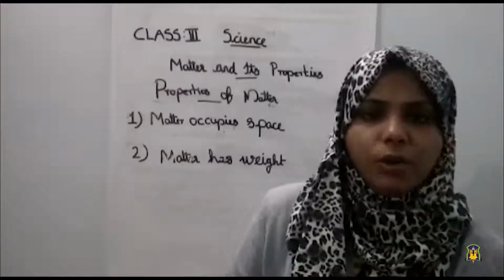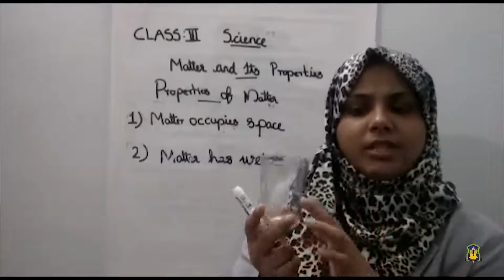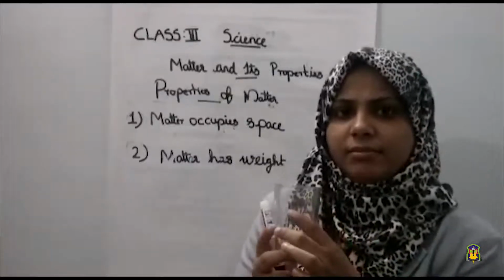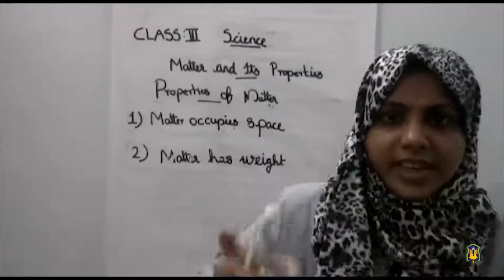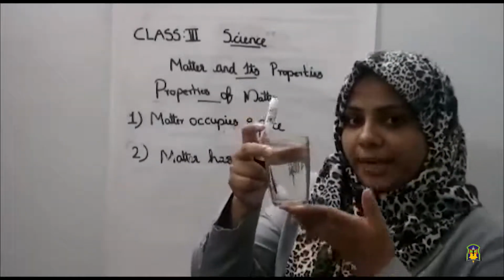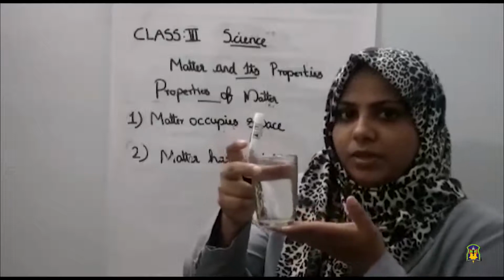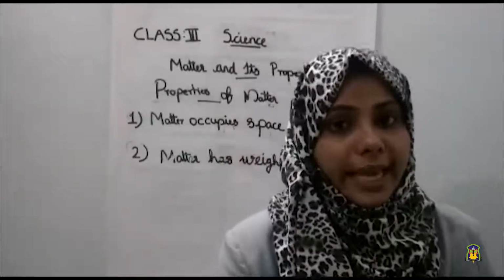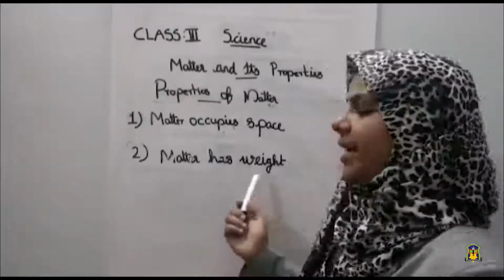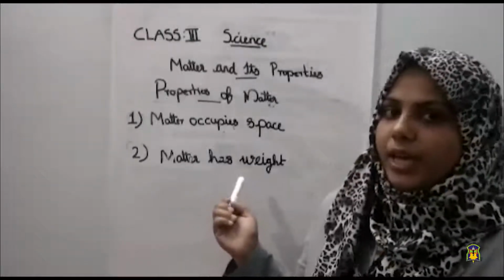It may vary from lighter to heavier. Look here. This is an empty glass. It's very light. When the glass is filled with water, it becomes heavier. So the second property is that matter has weight.